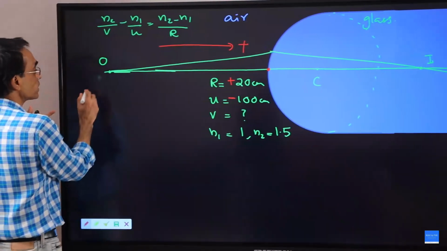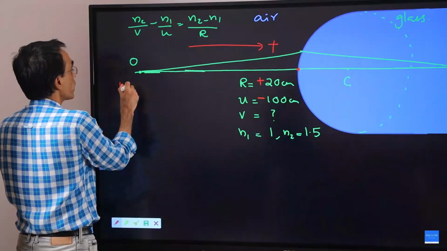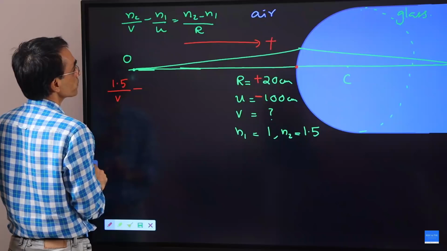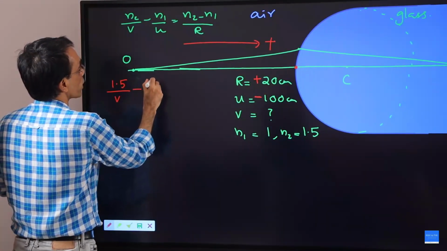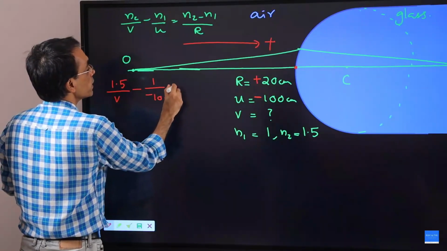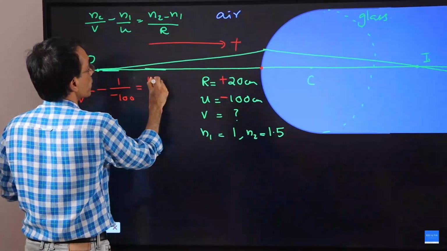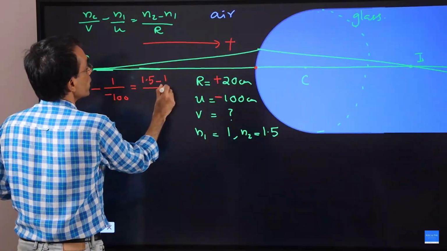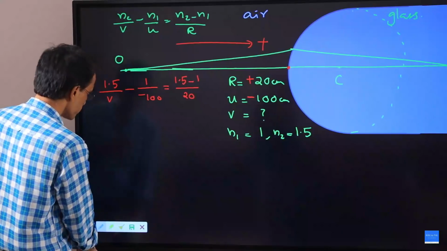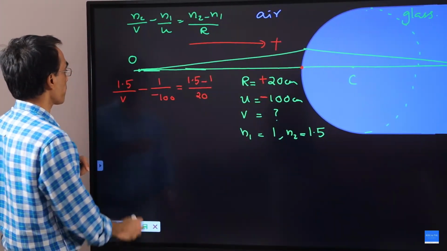Now substitute. What is N2? N2 is 1.5 divided by V, I have to find, minus N1, 1 divided by U, minus 100, equal to N2 1.5 minus 1 divided by R equal to 20. Okay.